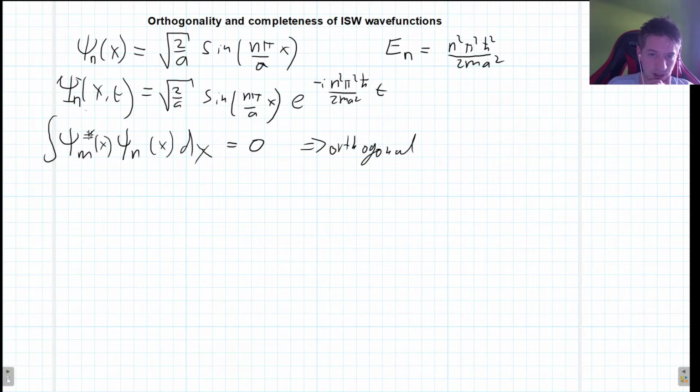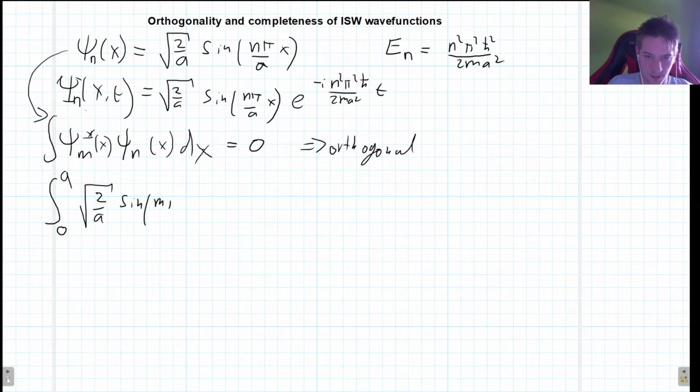So the way to do that is just to replace this expression in here for m and for n. So this is going to be the integral from 0 to a, and psi m is just going to be square root of 2 over a of sine of m pi over a times x. And now we write the psi n.